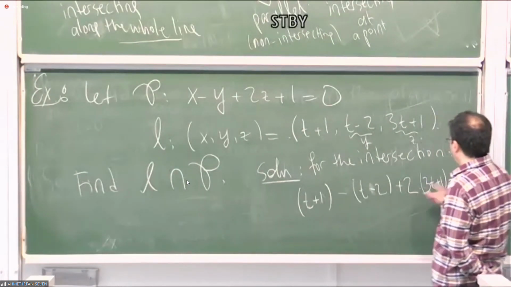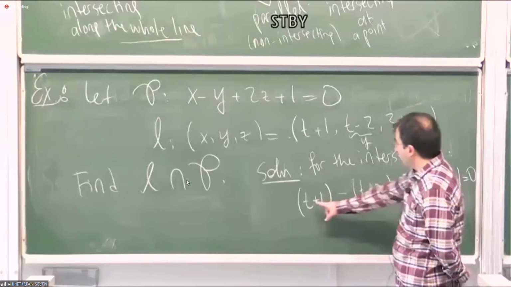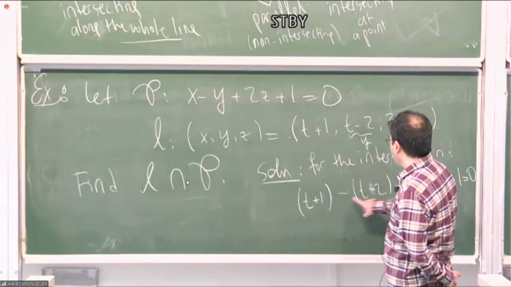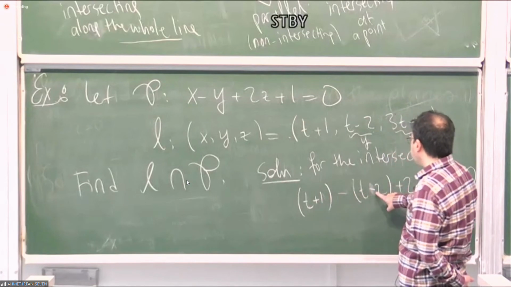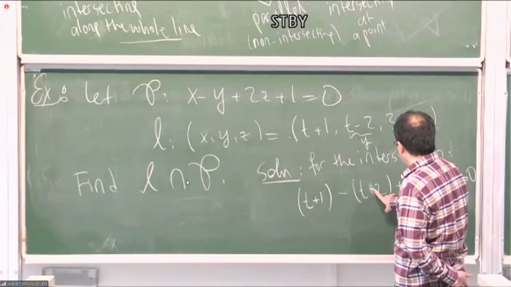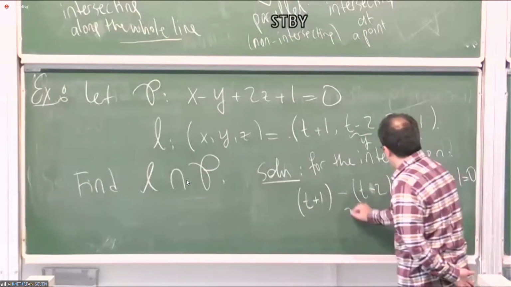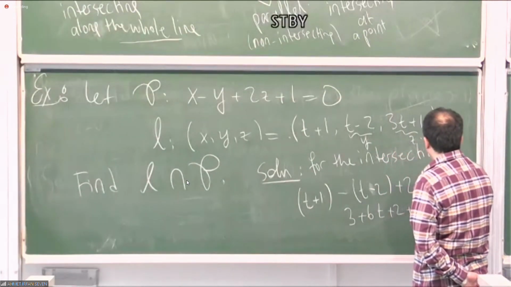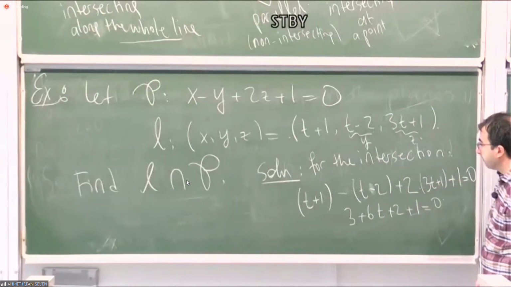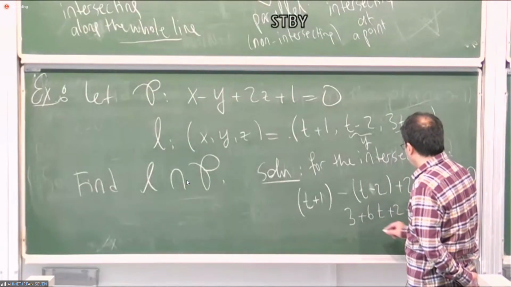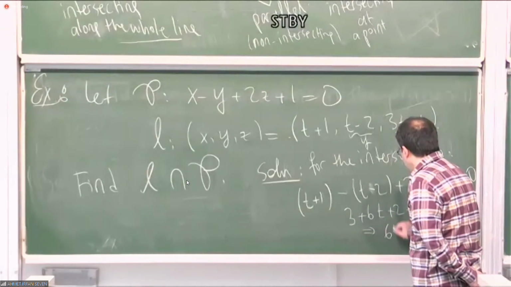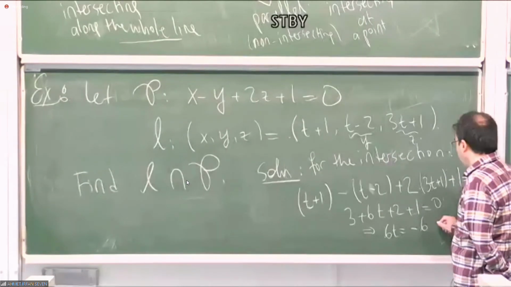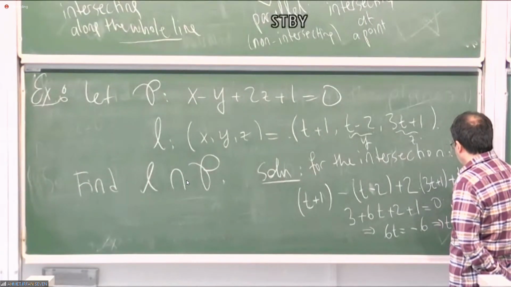Okay, from here I'm going to find t. So I'm going to have t minus t equals 0. So I will have 1 plus 2 equals 3, and also 3 plus 6t plus 2 plus 1 equals 0. Yes, from here I will get that 6t equals minus 6. So t equals minus 1.